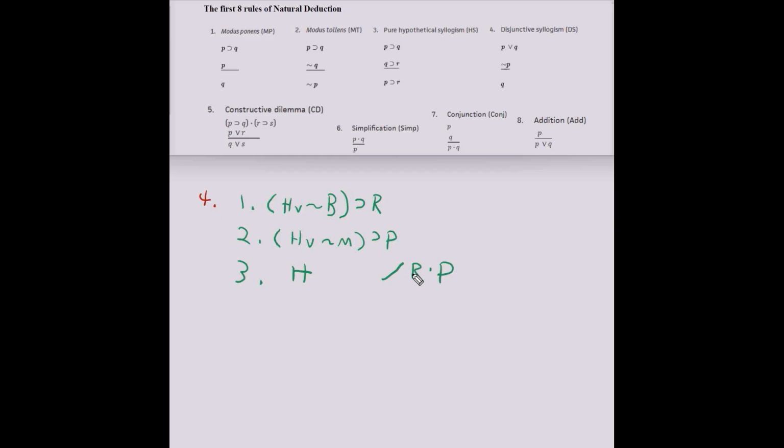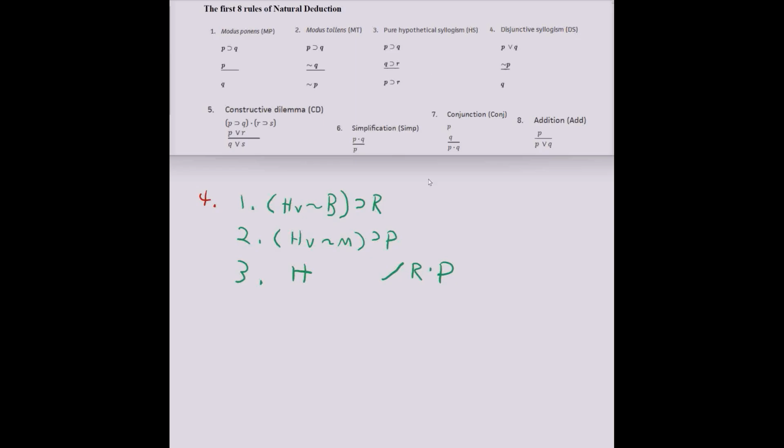So I can see that the conclusion I want to get to is actually a conjunction of R and P. Now, how am I going to go about getting R and P?